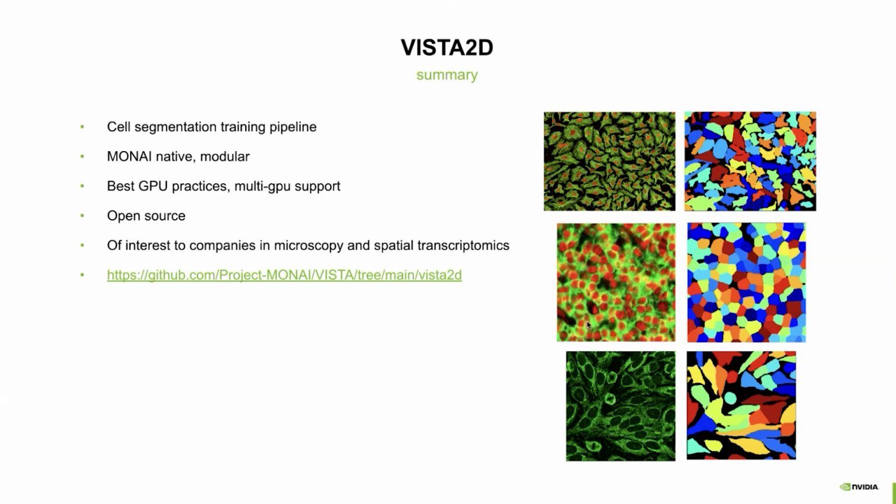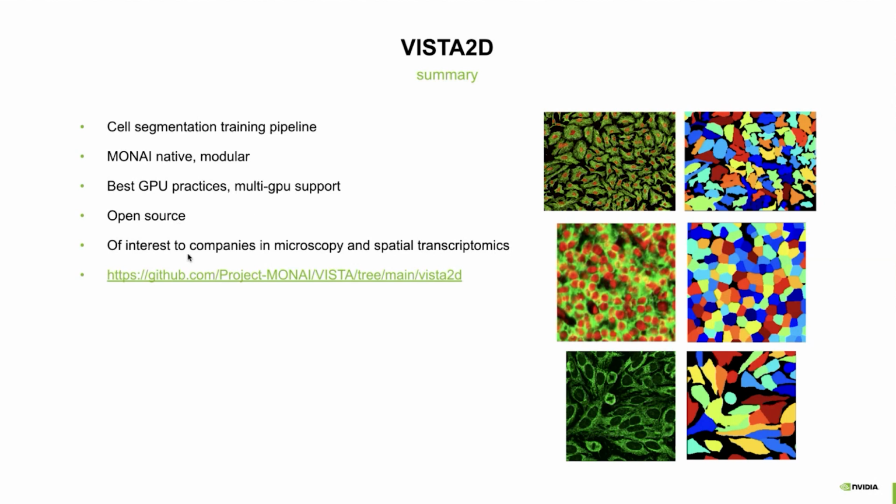The kind of results you would expect: your input can be a one-channel, two-channel, or multi-channel image, and the output will be an index map with all the cells separated. We use all the best practices for writing the code, best GPU practices. We enable multi-GPU support. It is open source.